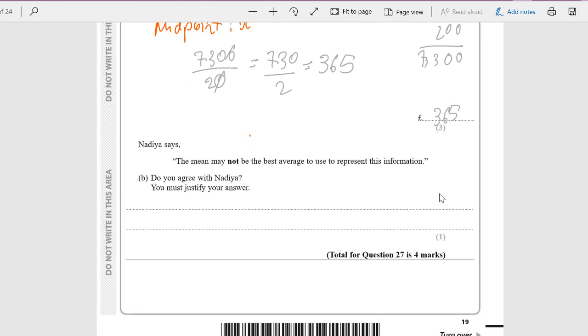So Nadia says the mean cannot be the best average to use to represent the information. So do you agree with Nadia? You must justify your answer. So in this particular case, if we think about it from a statistical perspective, well, yes, Nadia does have a point.